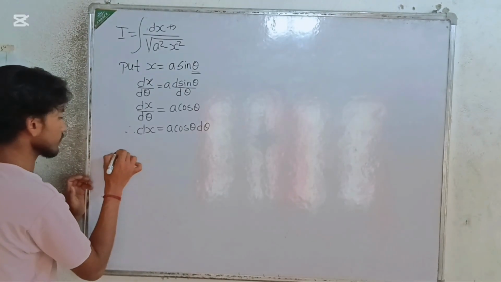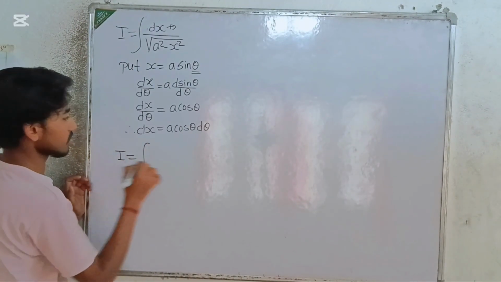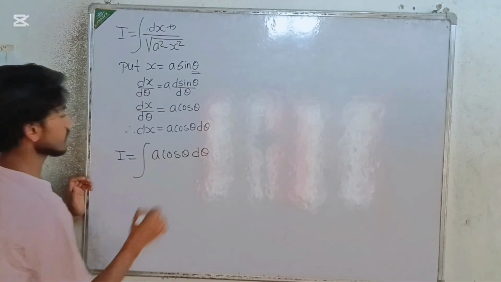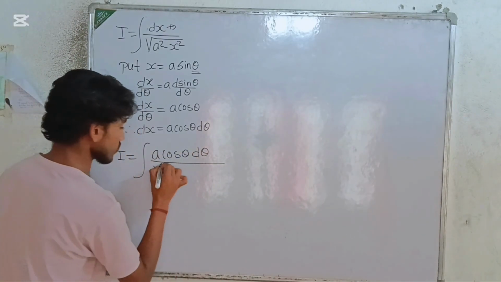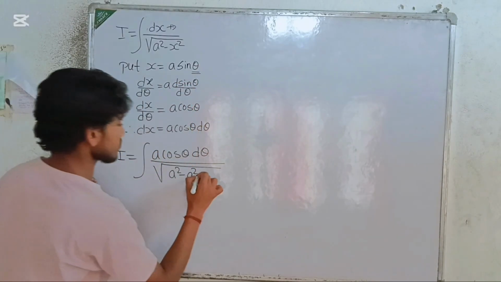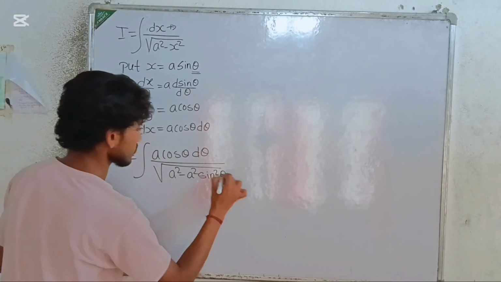So my integral is going to look like the integral of a cos theta d theta, divided by the square root of a squared minus a squared sine squared theta.